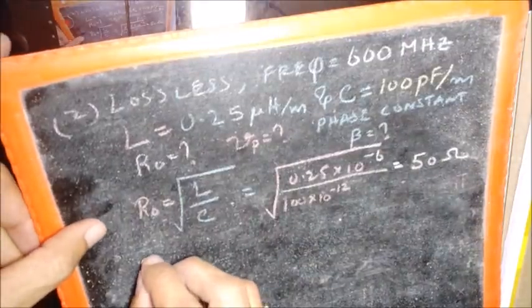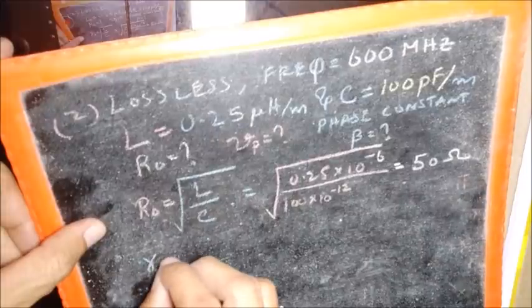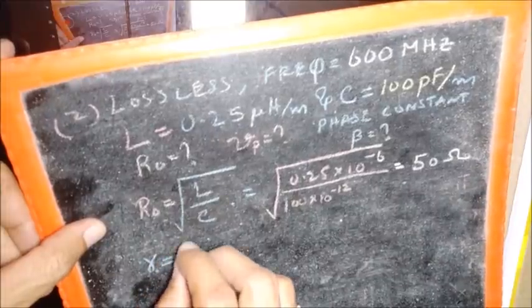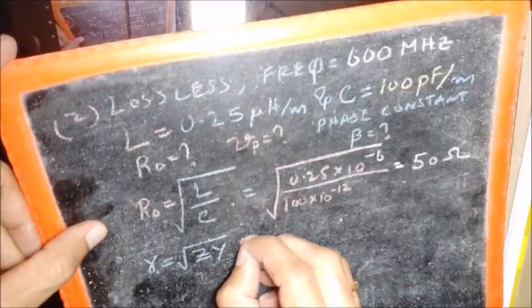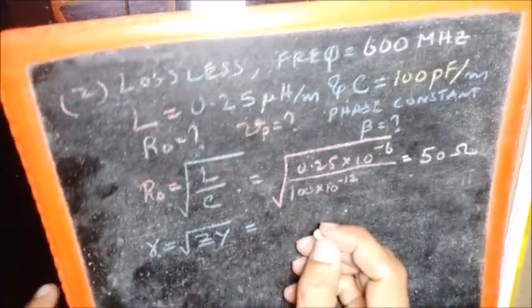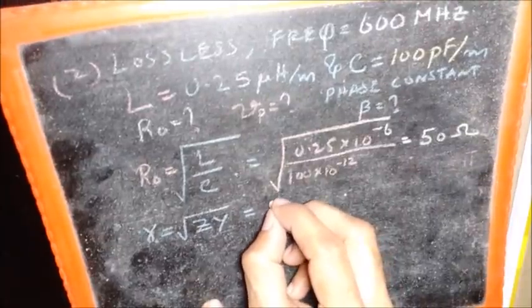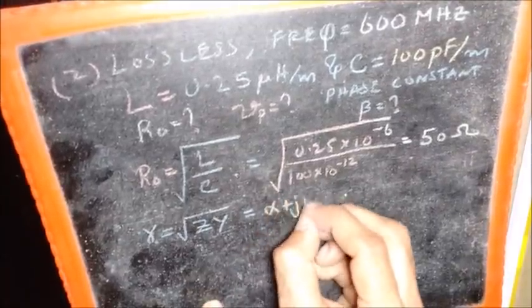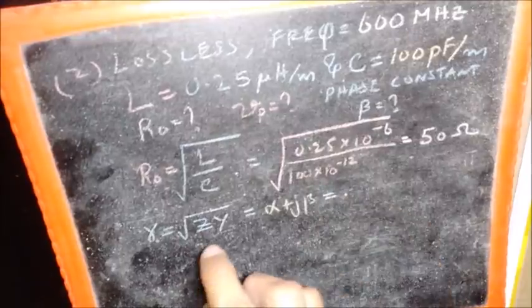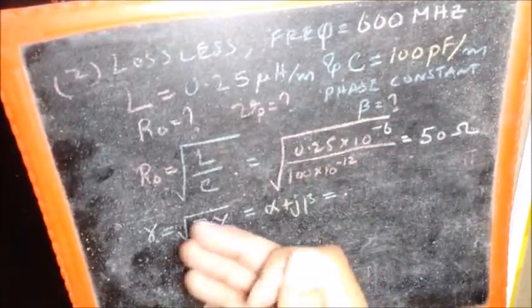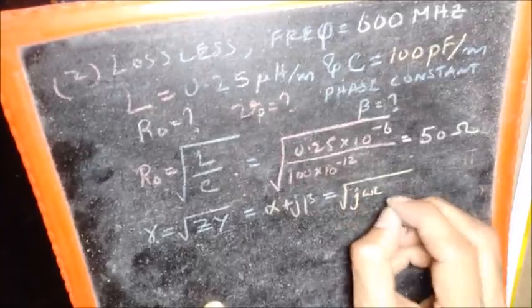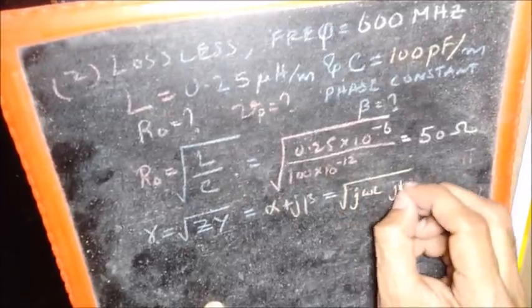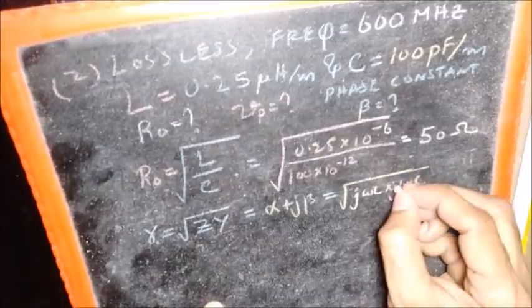So phase constant, again gamma, as you know, is square root of zy, which we have discussed in the previous lecture videos, which is equal to, in general, alpha plus j beta. In our particular case z is j omega L and y is j omega C, because it is lossless.